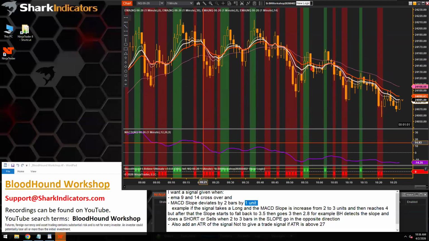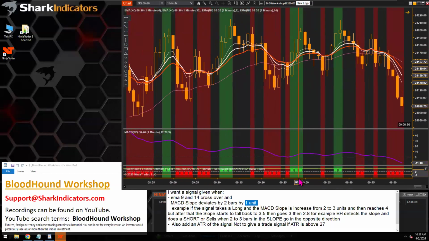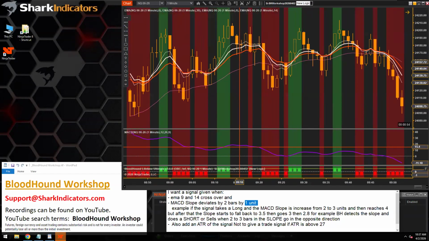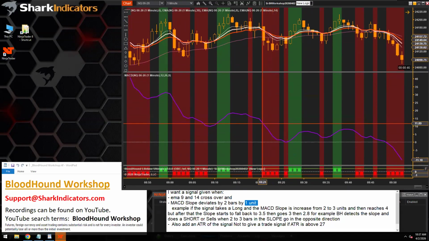So whenever, actually that's a good example right there. Stretch this out a little bit, right? So whenever that MACD has a pretty good slope on it there, right? It's dropping from 1 bar to the next bar. It's dropping by more than 1 unit, right? So here we go. We have a good drop, and then it kind of flattens out, right?